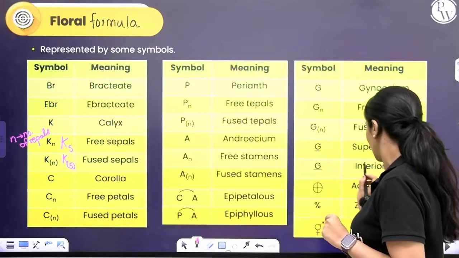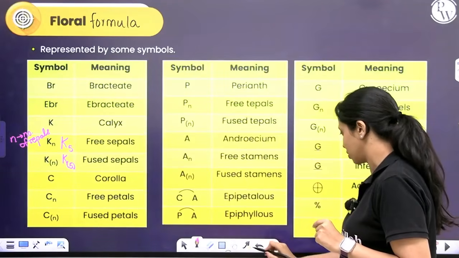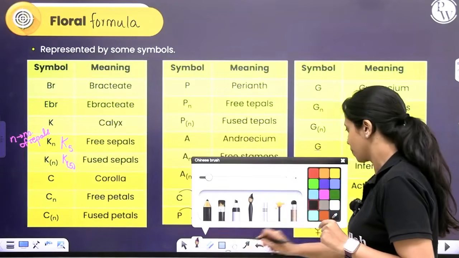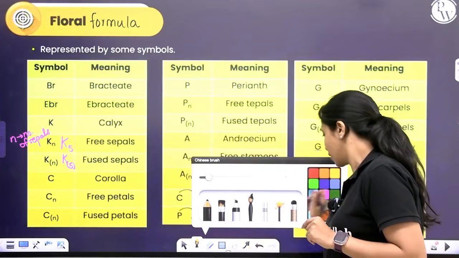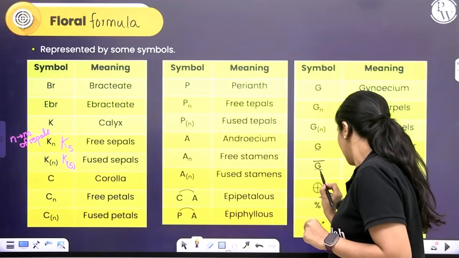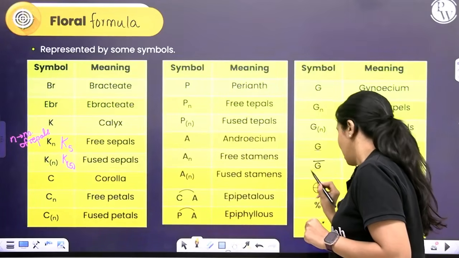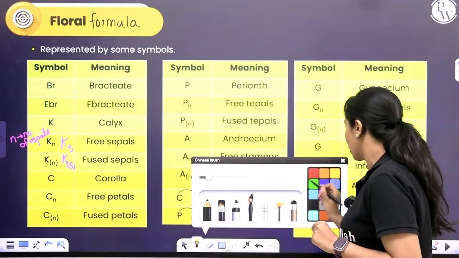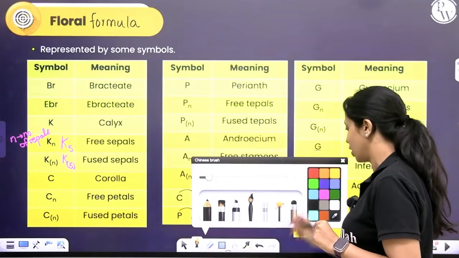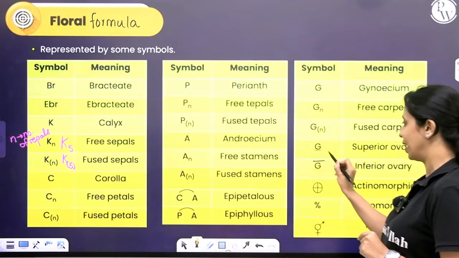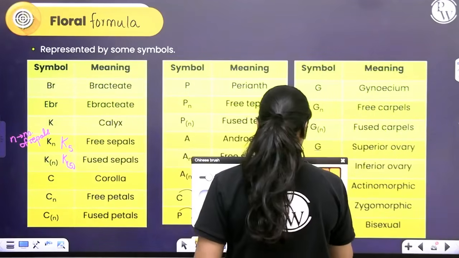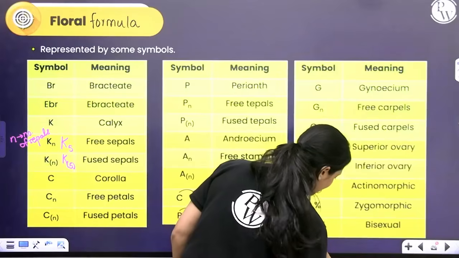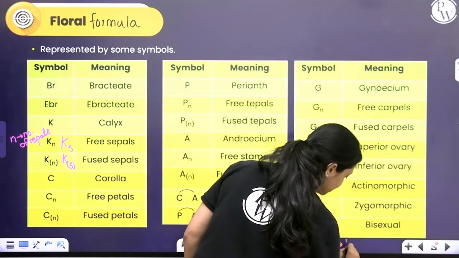For inferior ovary, the line should be here on top, not at the bottom, because ovary occupies the lowest position here. If ovary occupies the highest position, if the ovary is superior, you will draw a line below it. If it is half inferior, then it will be like this on the side.